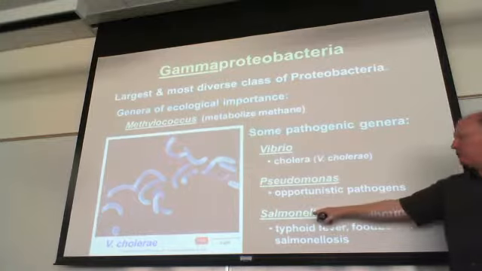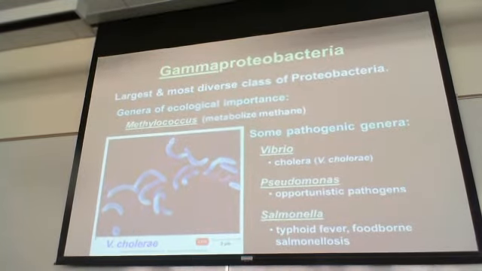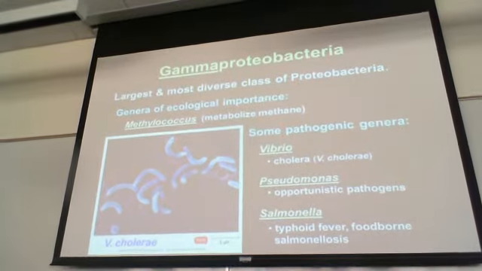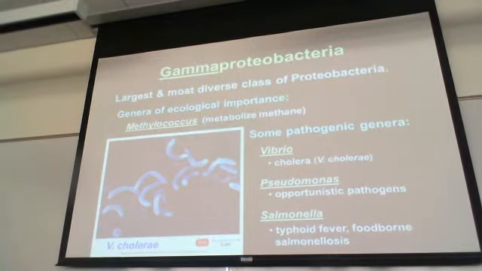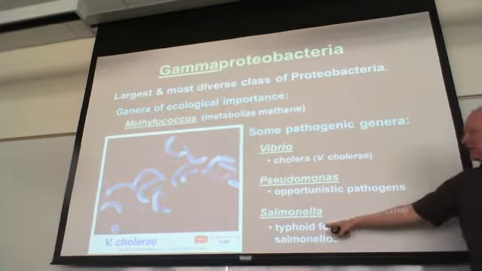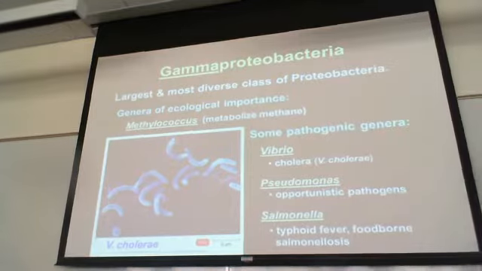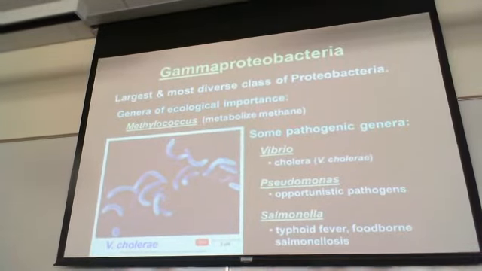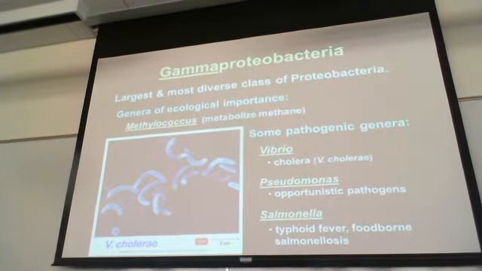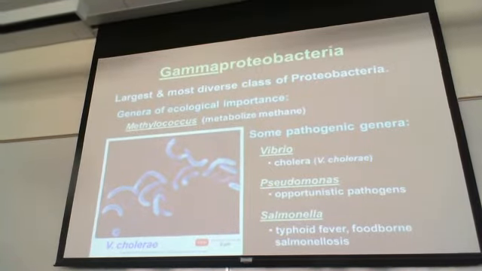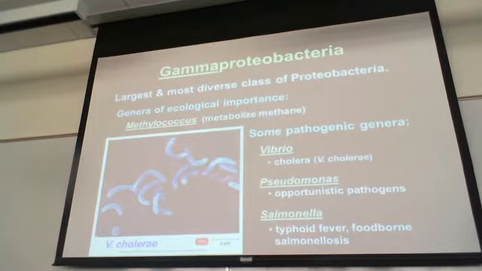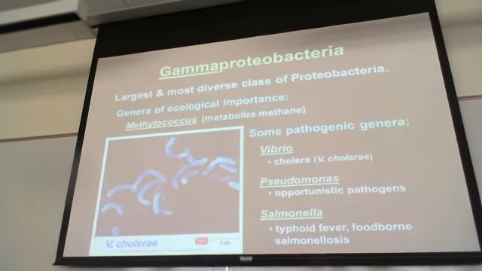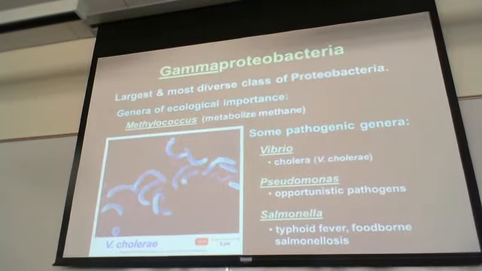So Salmonella, you've no doubt heard of this. Salmonella enterica, typhi, there's a number of species in this genus. Typhoid fever, as you can see, and what we commonly call food poisoning, salmonellosis. And one thing I always like to mention, Salmonella is very common on reptiles.